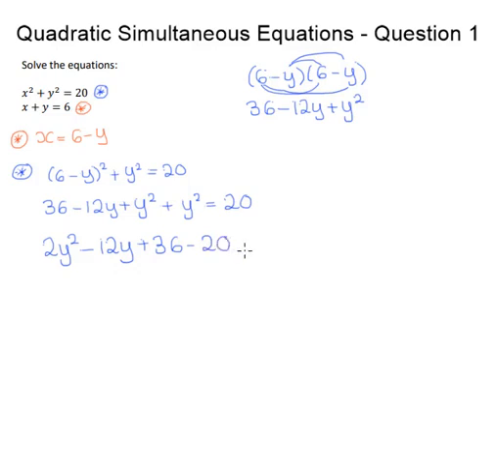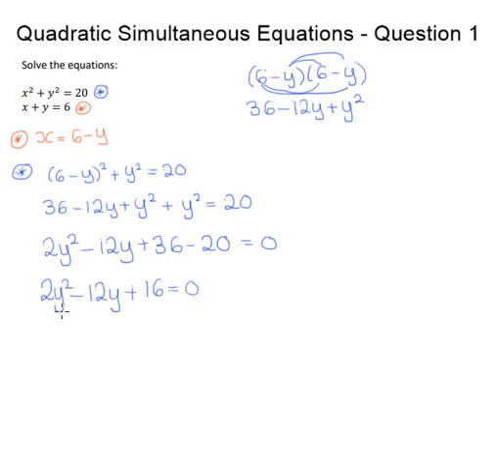You've noticed here that I've done a little bit of moving around. The reason is just to get it into a form that we're used to: the y squared at the front, the y in the middle, and our numbers at the end. So 36 minus 20 gives me 16. My simplified version is 2y squared minus 12y plus 16 equals 0.